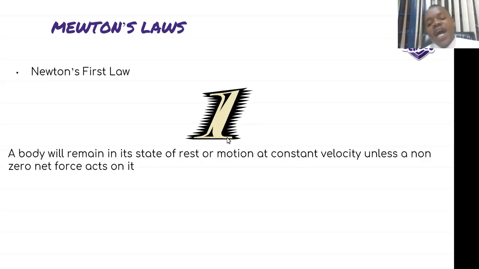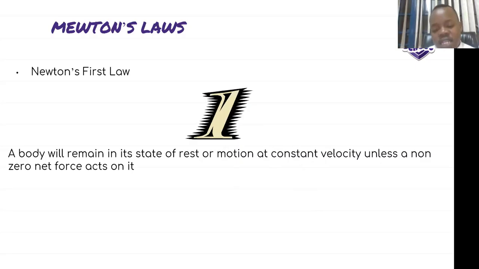Now, an object that is doing that, meaning an object whose velocity is not changing for that distance of 100 meters, as it moves with that 20 meters per second, then you can safely say the net force acting on that object is zero.